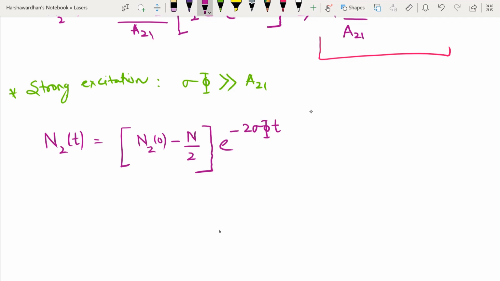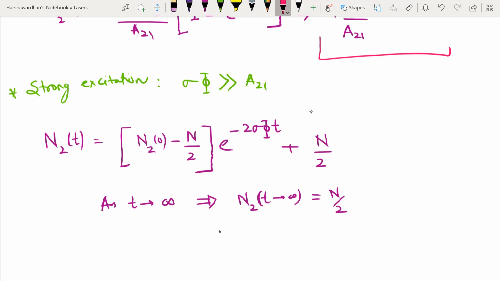Plus you get this constant term, which is simply n by 2. So you see, as t tends to infinity, that is in steady state, my N2(t) is going to be simply n by 2.